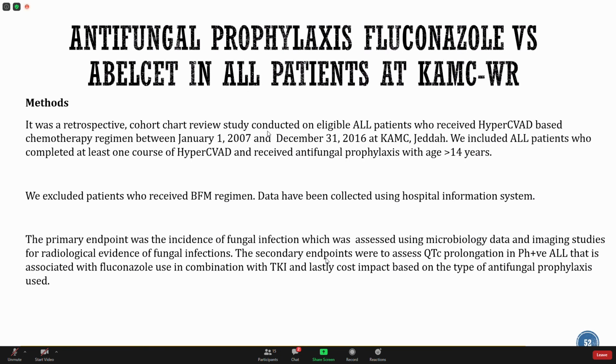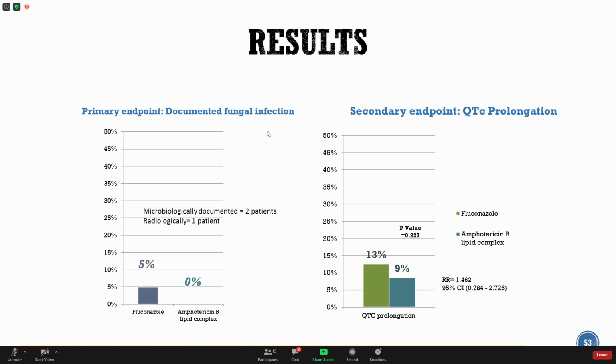They received 105 chemotherapy cycles, with a 2-to-1 ratio of enrolling patients on fluconazole versus Abelcet. We found the breakthrough fungal infection was seen in only 3 patients, microbiologically documented in 2 patients and radiologically documented in 1 patient.